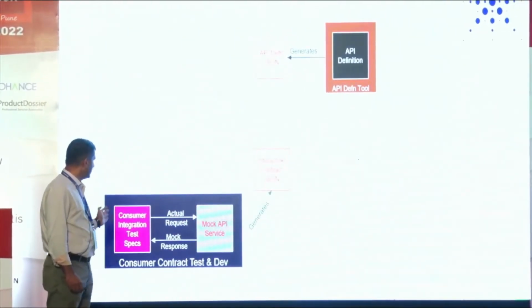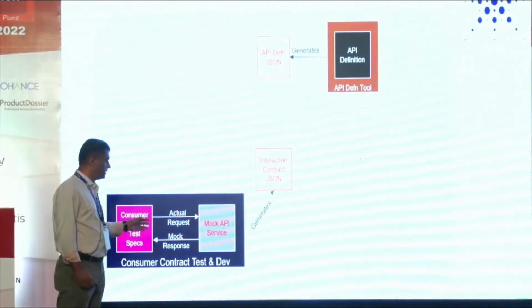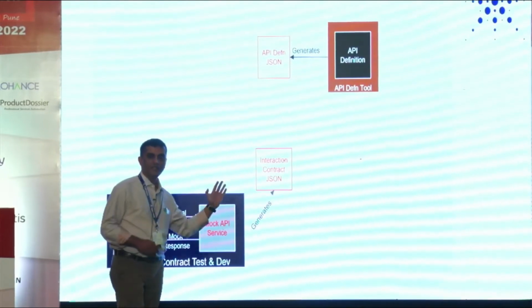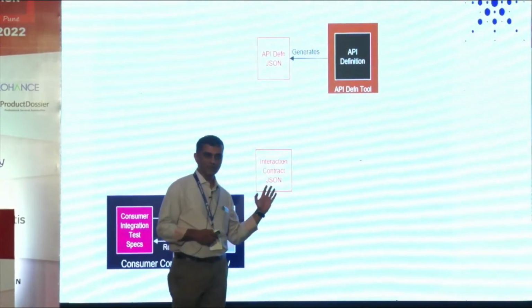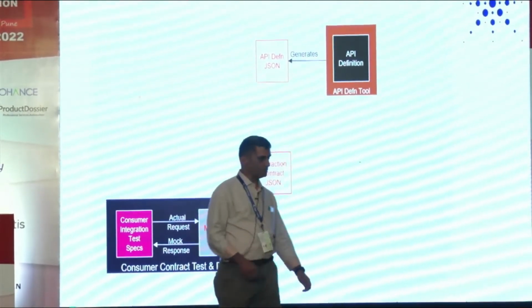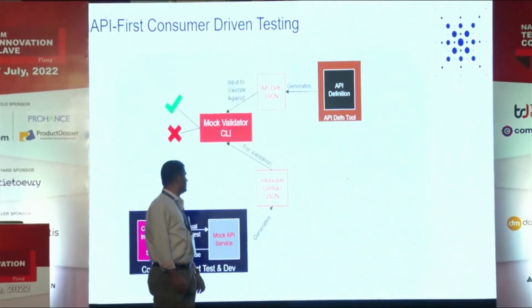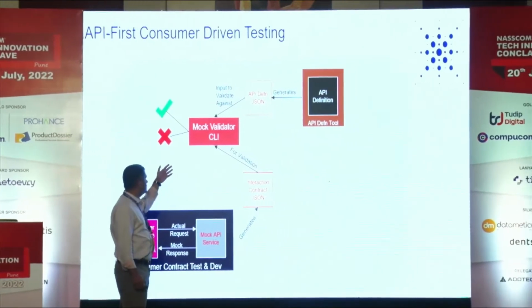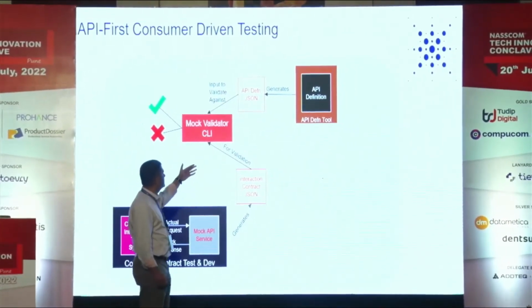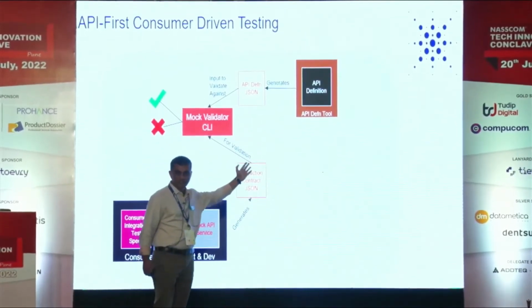And when I run these test specs against the mock API service using tools like PACT, it automatically generates interaction contract JSON, which has all the interactions between these two. After this, using mock validator CLI, I validate this contract JSON against my API definition JSON.